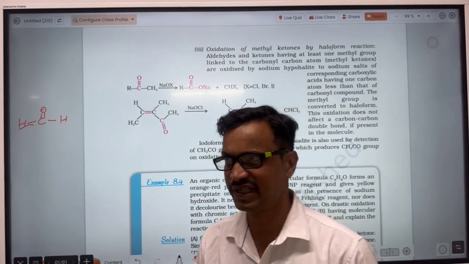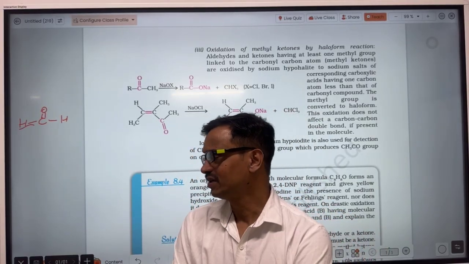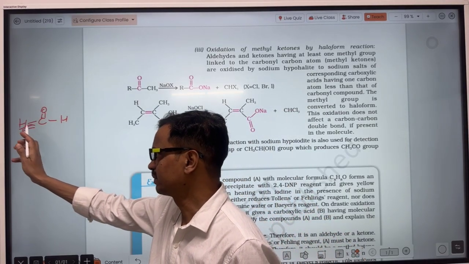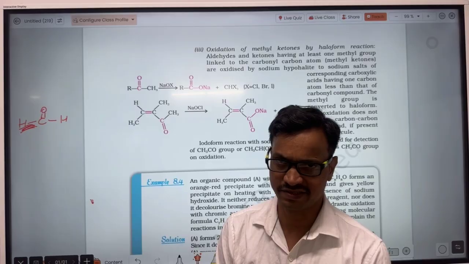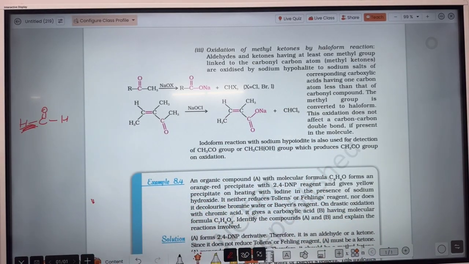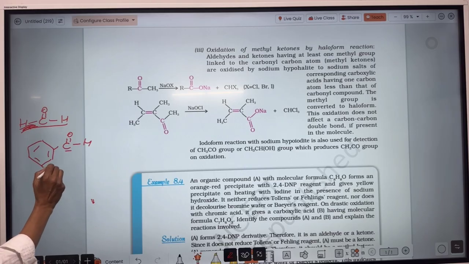So for the haloform test, keep in mind there should be a methyl group bonded to the carbonyl carbon atom. That compound will give the haloform test. This compound will give, this compound will not give. In the same way, here benzene, C double bond OH, also has no methyl group, so it will not show the haloform test.